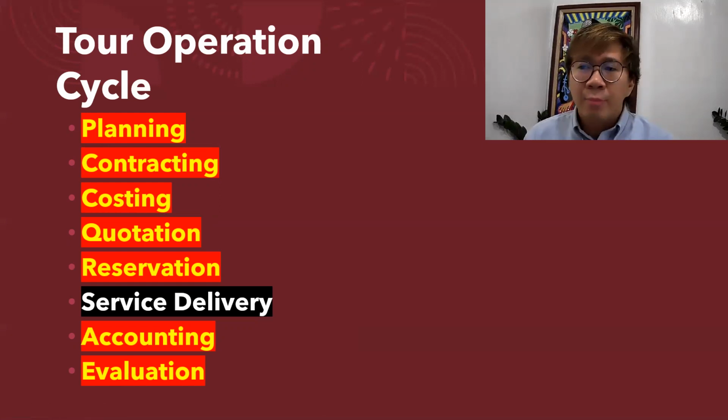So now, let me orient you to the different tour operation cycles. The first step is, of course, planning. Everything in our life needs to be planned, as the wise adage goes, if you fail to plan, you plan to fail.